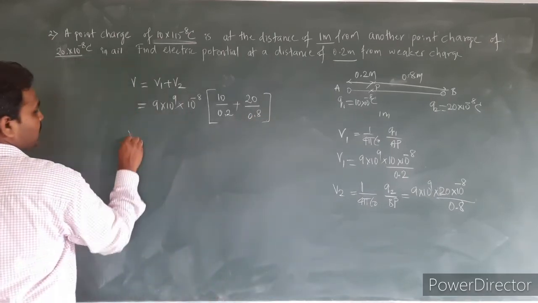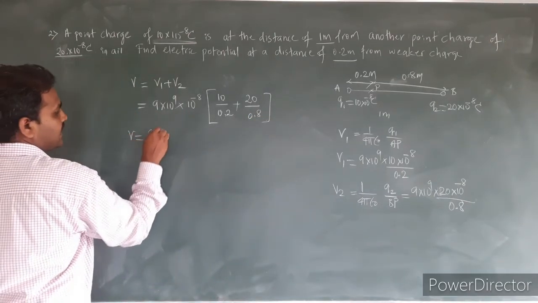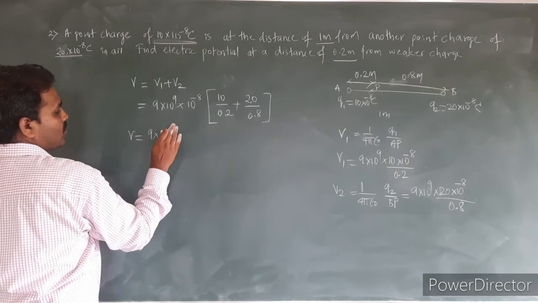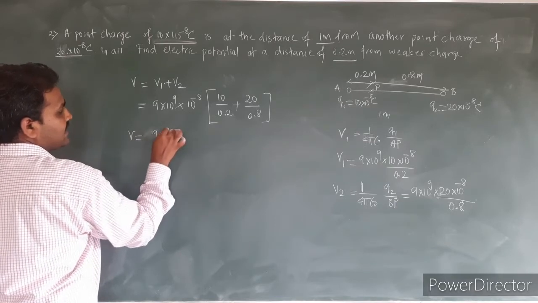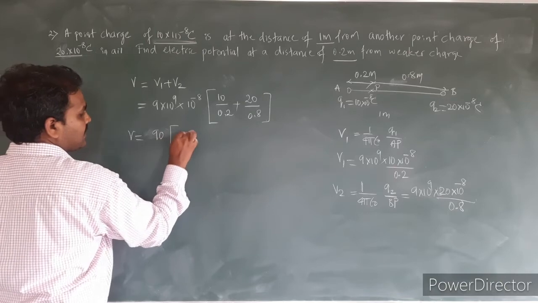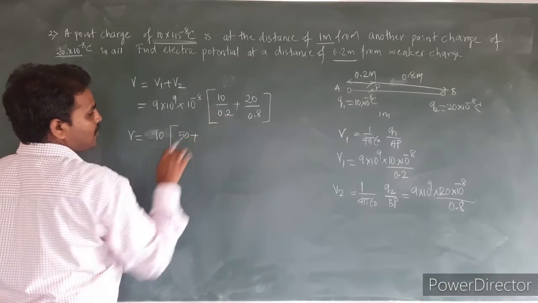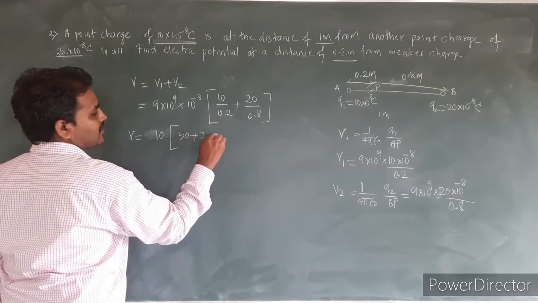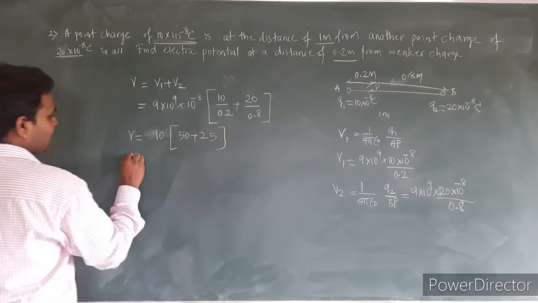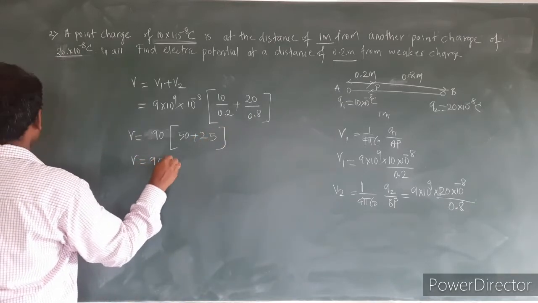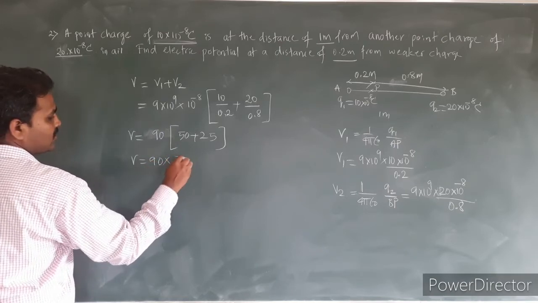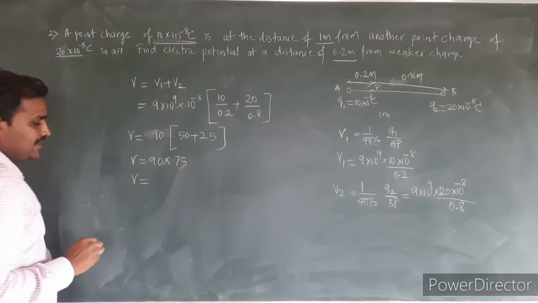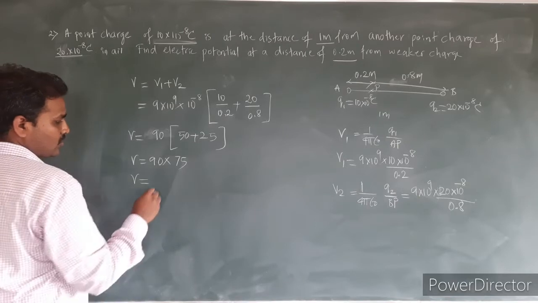If I simplify this, I get 9 into 10 to the power of 1, that is 90, inside the bracket. 10 by 0.2 is 50, and this will be 25, is it not? So V is equal to 90 into, this will be 75. So the net potential is equal to what?